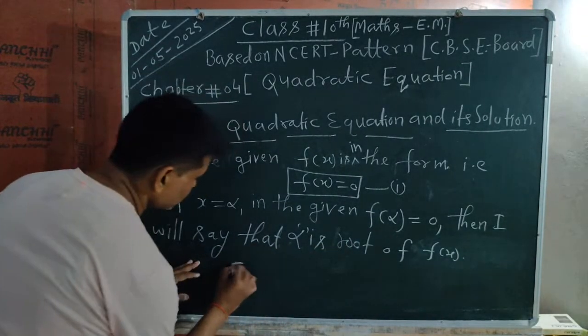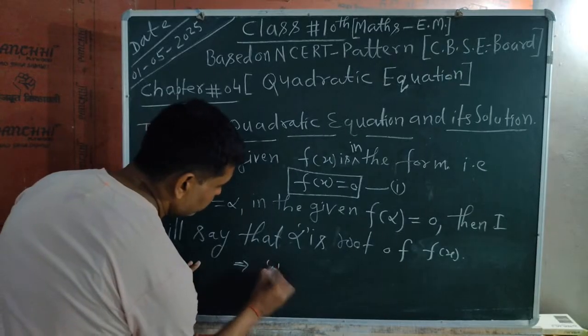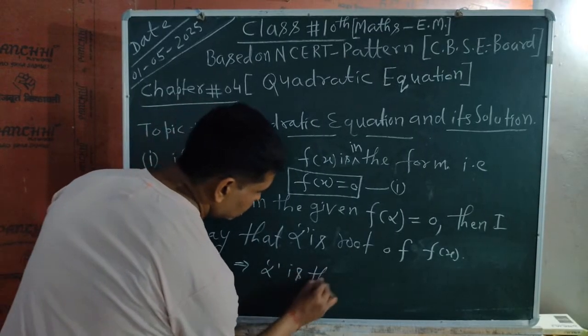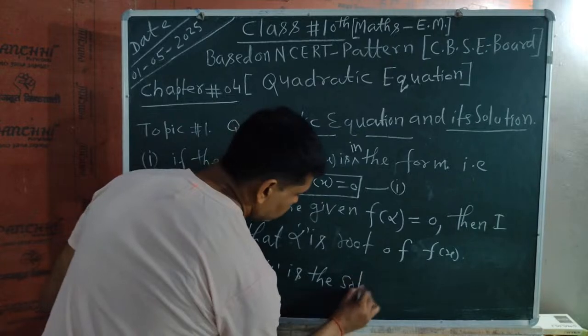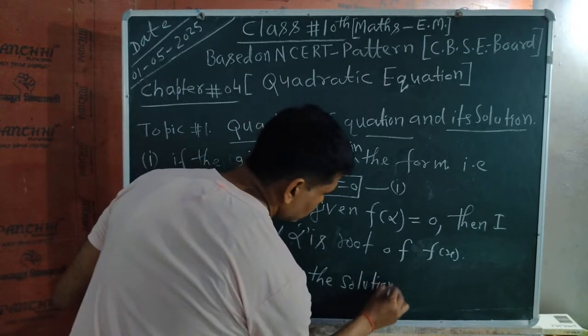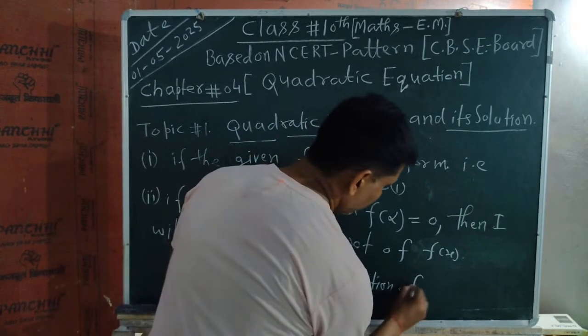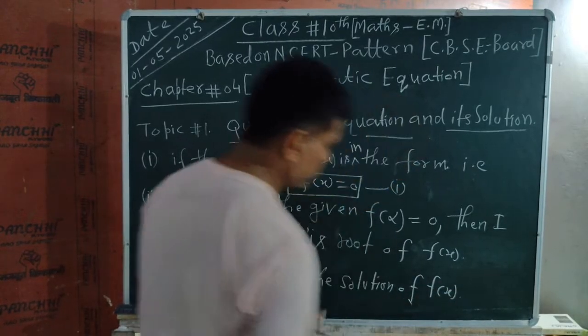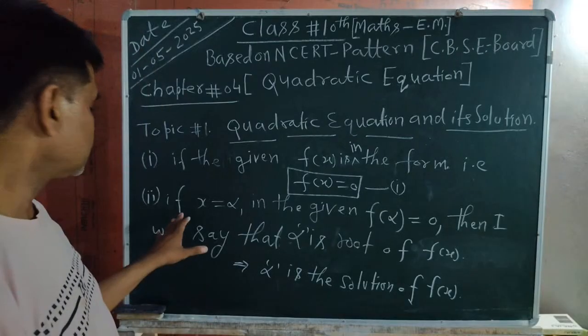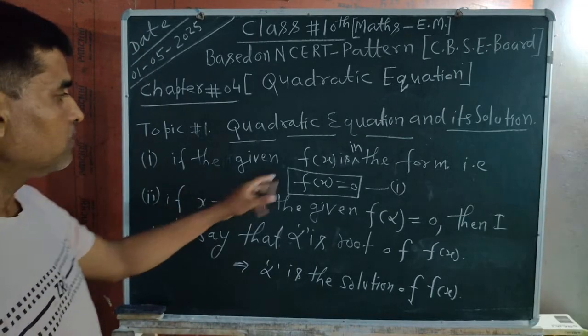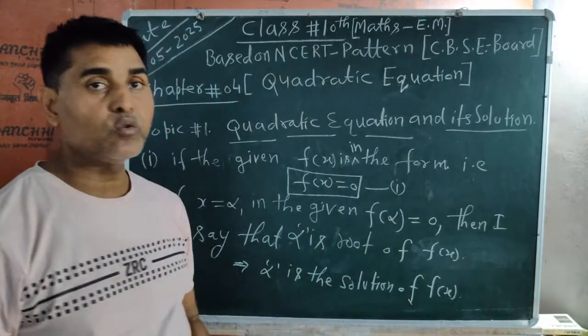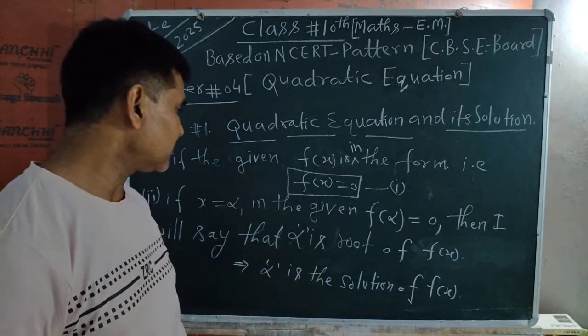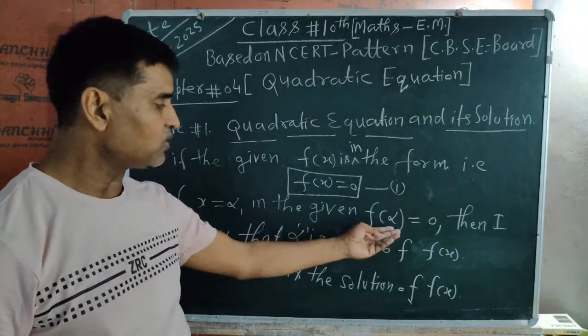Here I can also say that alpha is the solution of f of x. Okay student, so it is very clear, because f of x is given in your question, now we have to get the value of f of alpha which is equal to 0.